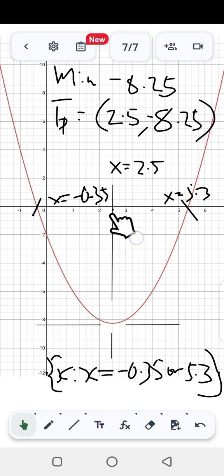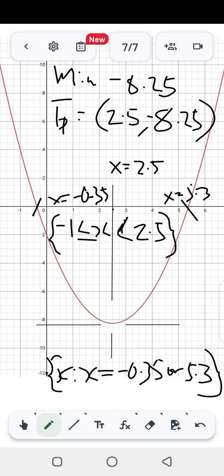This point is 2.5, which is coming from the equation of the axis of symmetry. So -1 is less than or equal to x less than 2.5. The turning point is not part of it, so that is why it is strictly less than 2.5. So the range is -1 less than or equal to x less than 2.5.